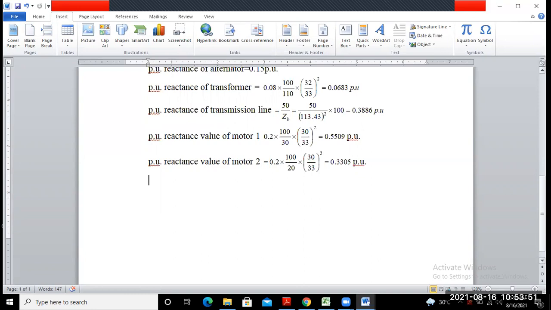So x equivalent equals almost, for the per unit value of total length of 200, you multiply by the 200, that means 0.2 into 200.